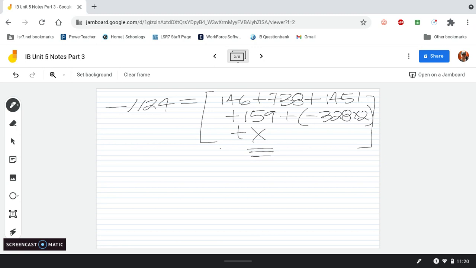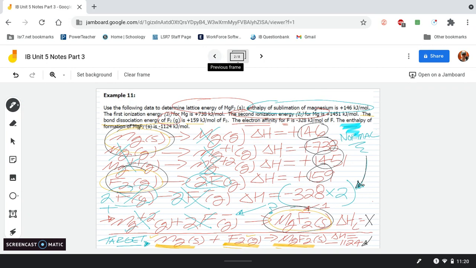If you do all of that, the delta heat of lattice equals negative 2962, right? So hopefully you can get that mathematically, but I just did the algebra. All of these plus x equal that.